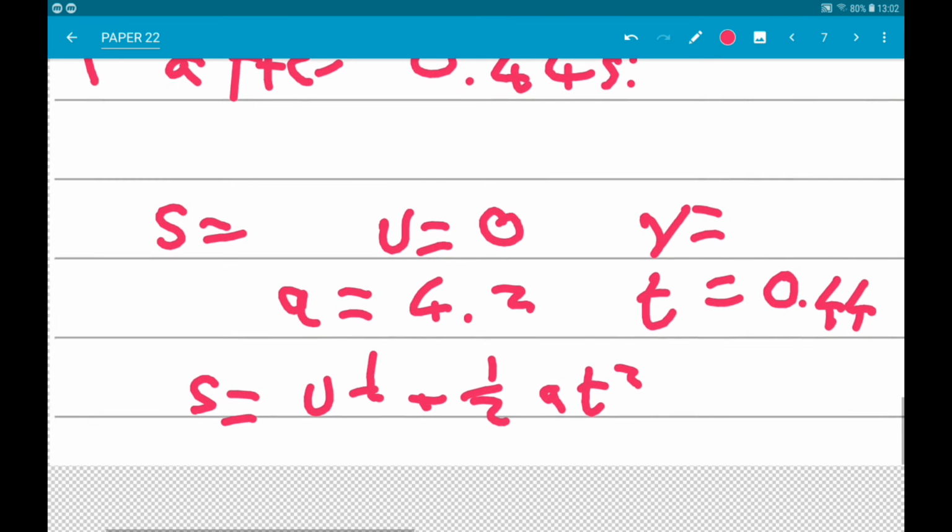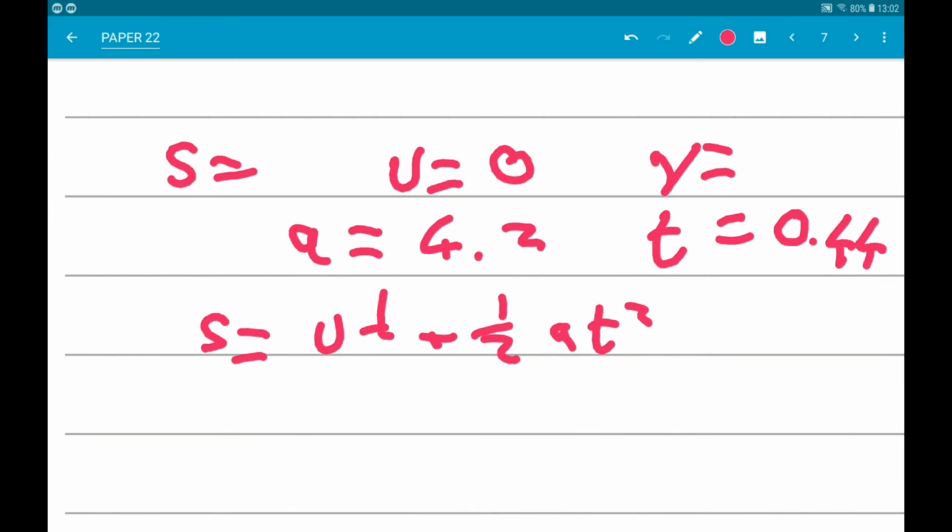So we get s is 1/2 times 4.2, so 2.1, times 0.44 squared, which we know is 0.19.